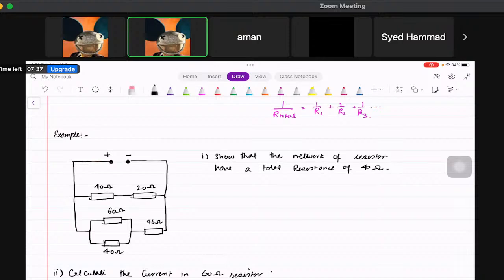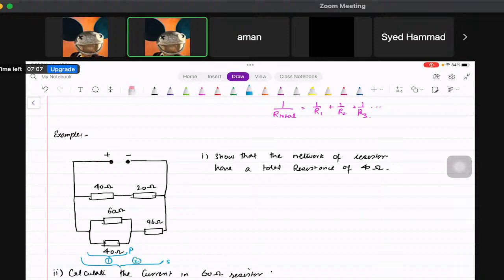First of all, always try to solve the innermost circuit. This is just a clue to you. The innermost circuit is this one, so I'm going to solve this first. Then when you get out of this circuit, you see that this is in series with this circuit. This is a parallel circuit and this is a series circuit, so I'm going to solve this in the second step.